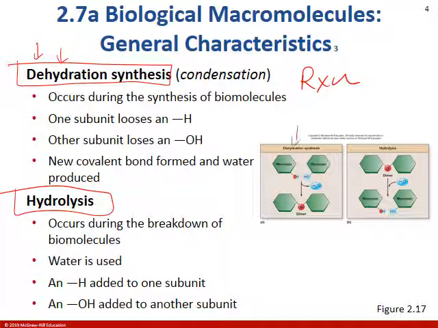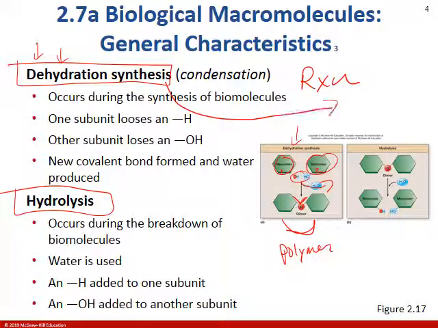So here in dehydration synthesis, I have monomer 1 and I have monomer 2, and I want to join them together into a polymer. Do you see how they removed the water, and that allowed for the bond to form this dimer, and now you have a polymer. So dehydration synthesis is what happens if you want to take one monomer and another monomer, and you want to join them together to make a polymer.